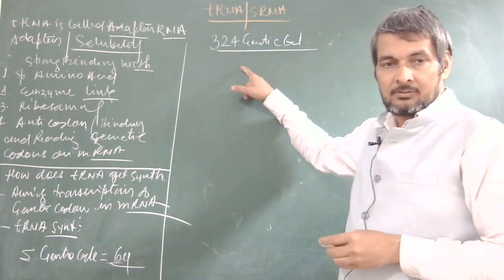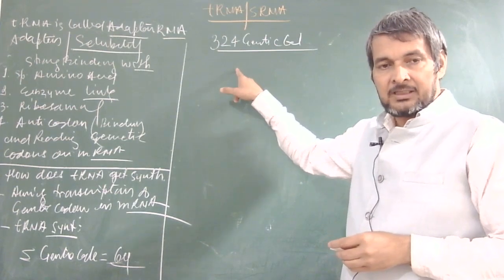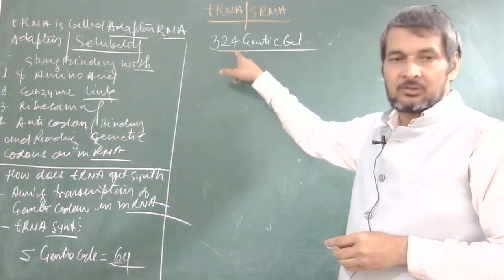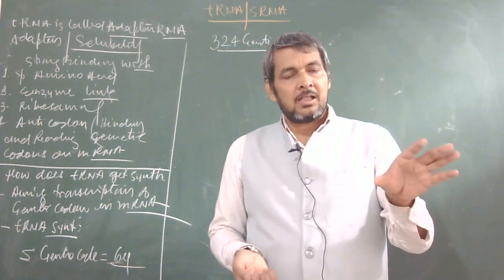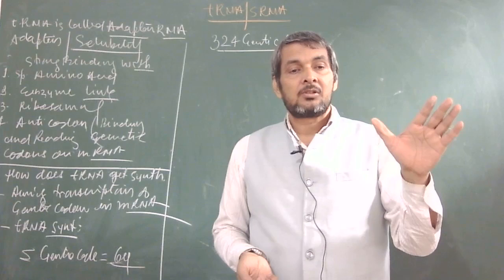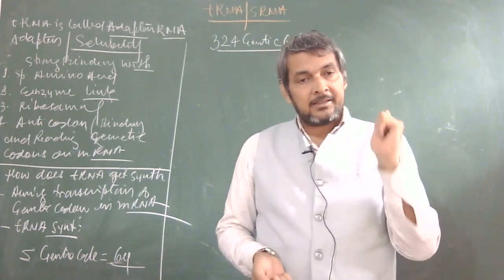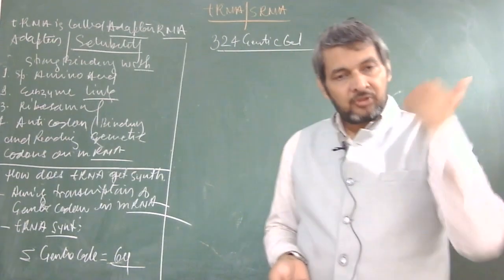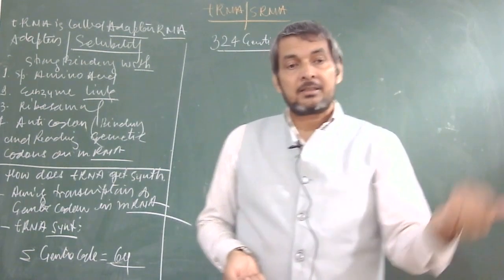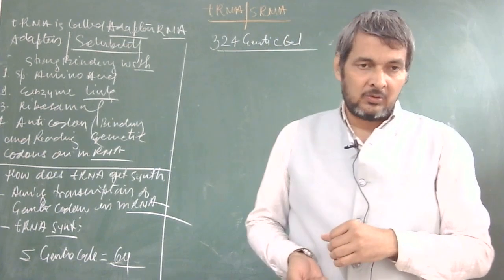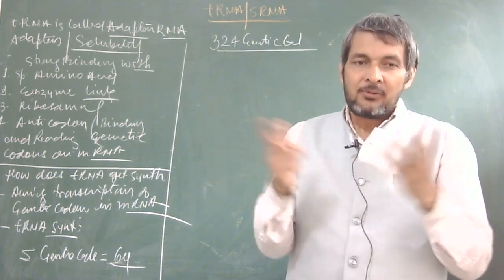Not 64, not 364. It should not exactly match 324. Sorry, the number here is 324. So there should not be 324 transfer RNA, although transfer RNA is synthesized parallelly and simultaneously in the nucleus along with the transcription of the genetic code in mRNA. So what is the reason?